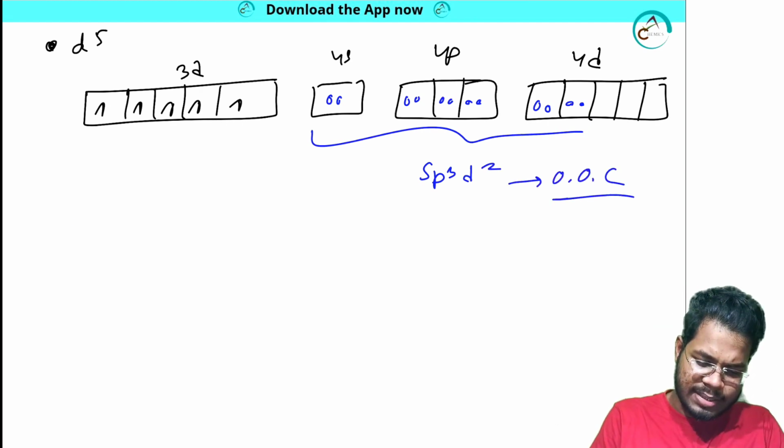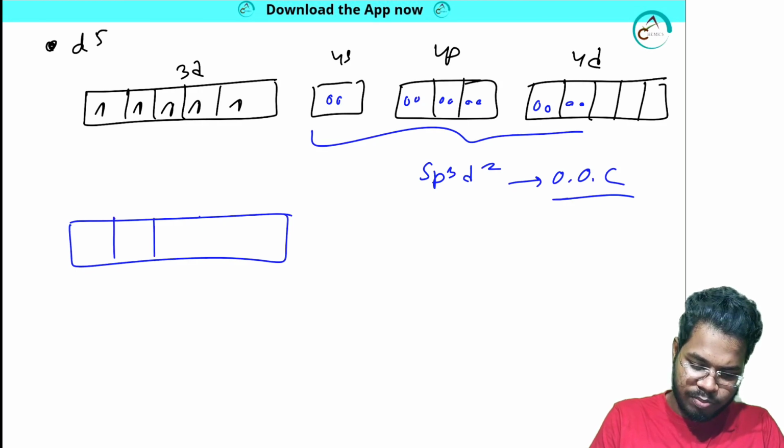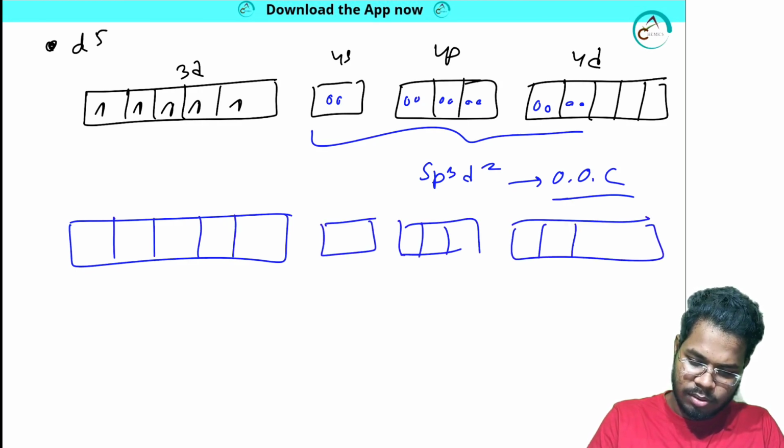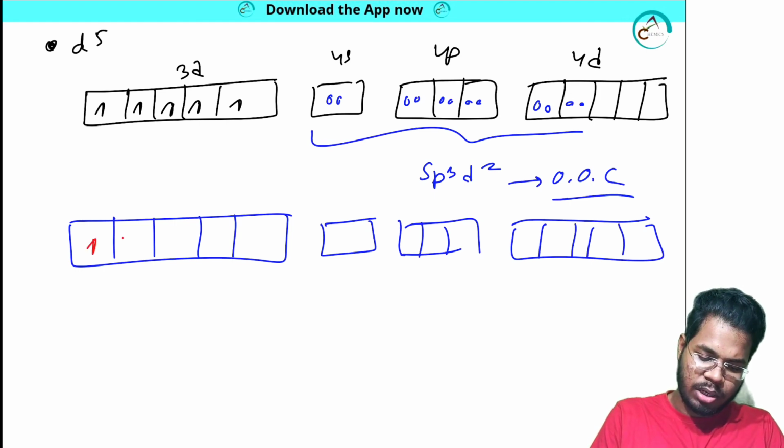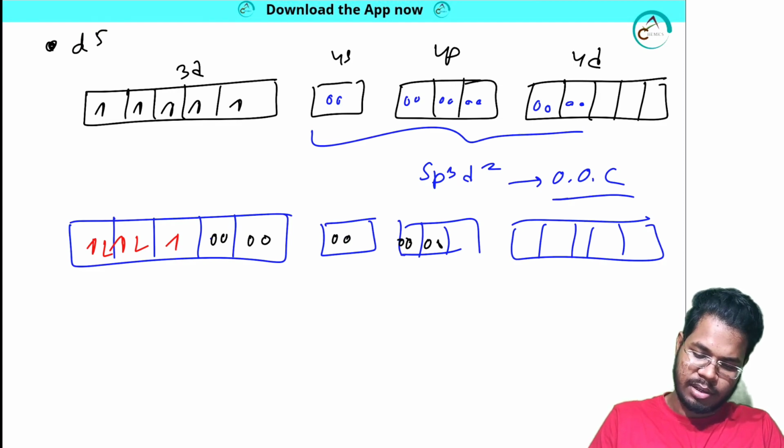Okay, but in some cases we will have this kind of facility. And what will that be? 1, 2, 3, 4, 5, and finally this one: 1, 2, 3, 4, 5, 6, 7, 8, 9, 10, 11, 12.